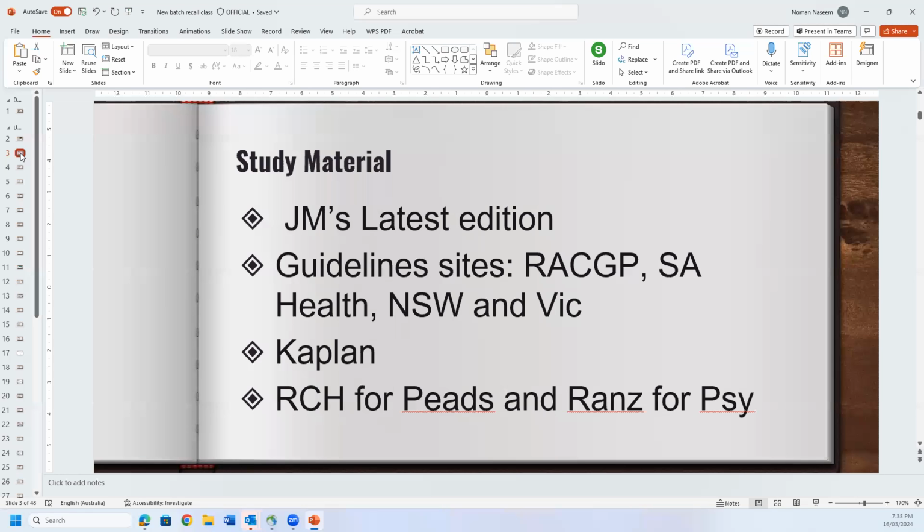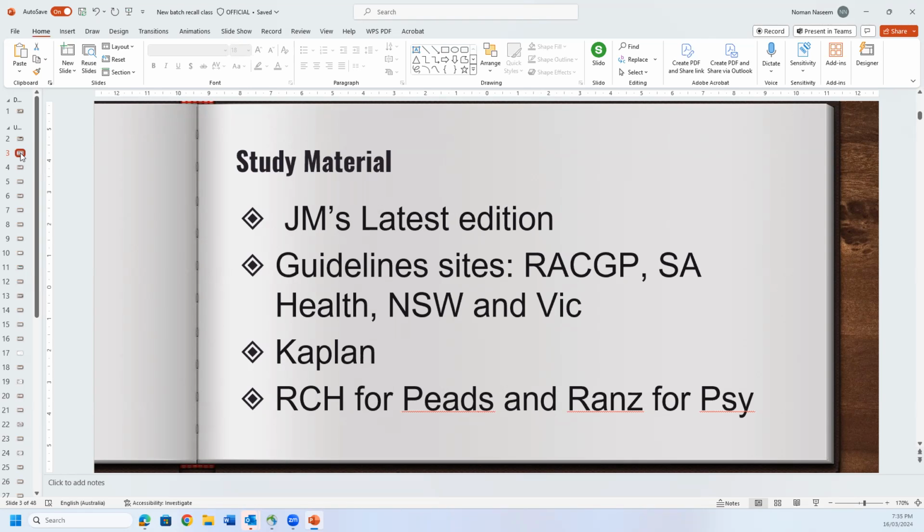When I'm navigating through the sample questions, I usually follow the guidelines associated with the sites of the Australian health system. RACGP is the General Practitioner guideline. SA Health, which I usually use, is very appropriate for obstetric and gynecological diseases. New South Wales has very good emergency guidelines. Victoria has very good pediatric guidelines.